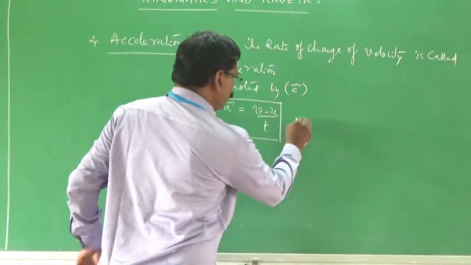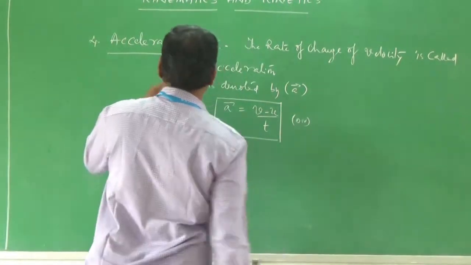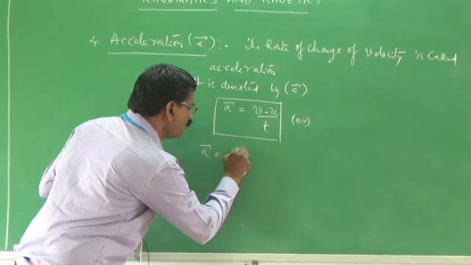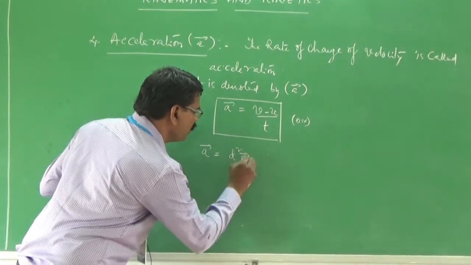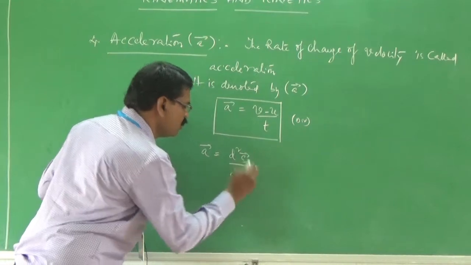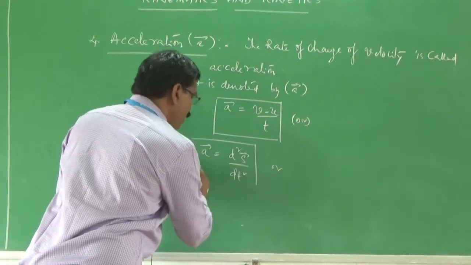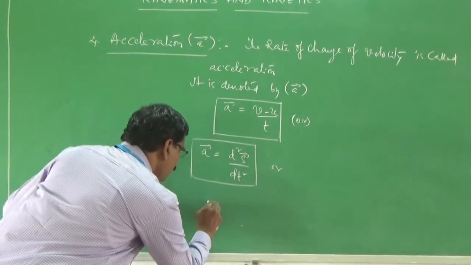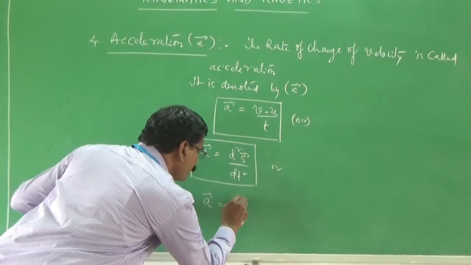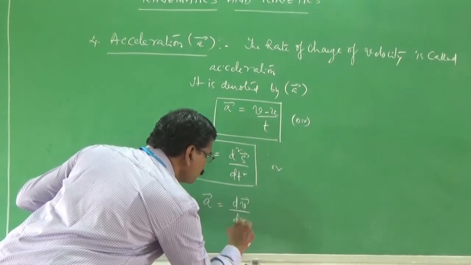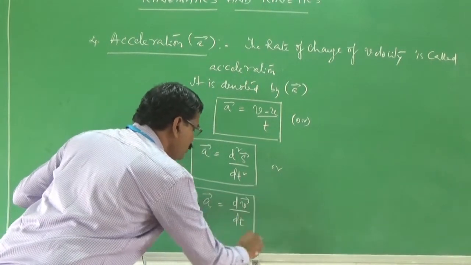One more definition I can represent for acceleration is A bar is equal to d square S bar by dt square, or another mathematical form is A bar is equal to dV bar by dt. So, this is another mathematical form.